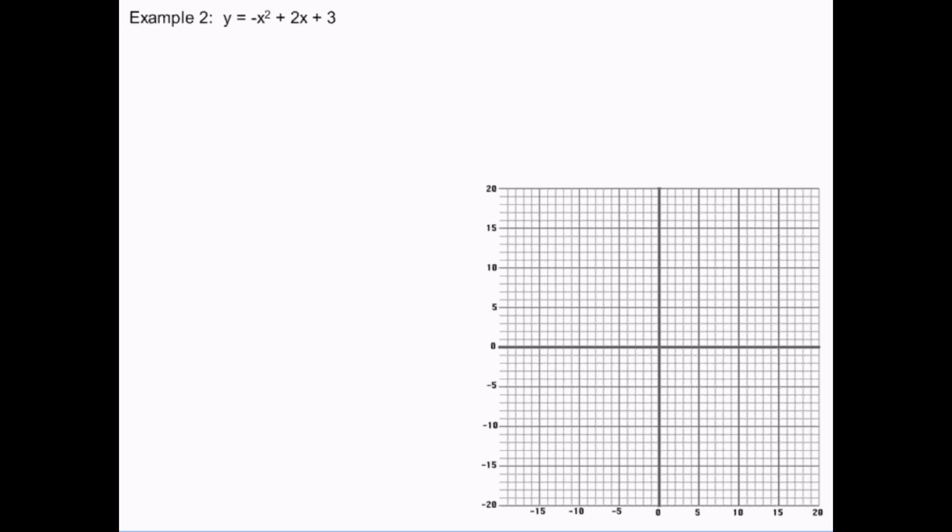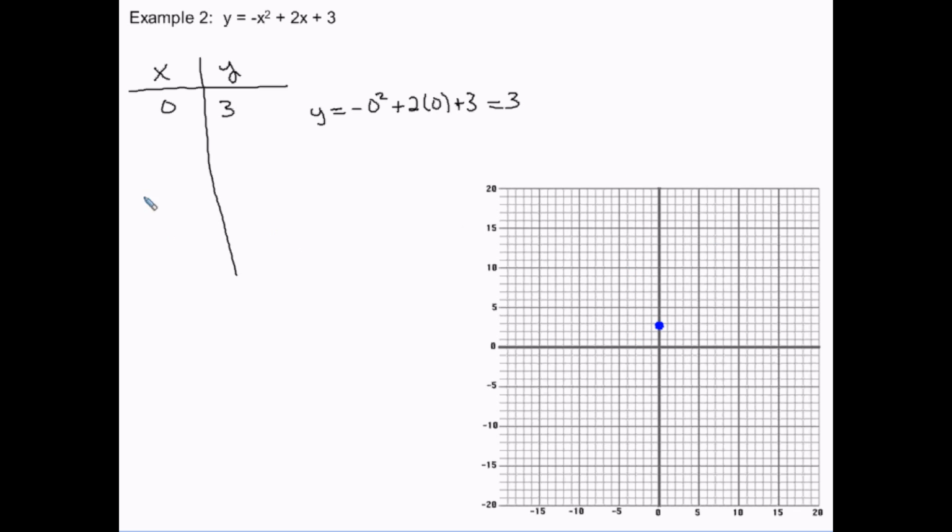Try another one. Make my t-chart with x's and y's. Like I said, I always like to plug in 0 first because that makes everything go away. So I get a 0 and a 3. So at 0, I'm 1, 2, 3.